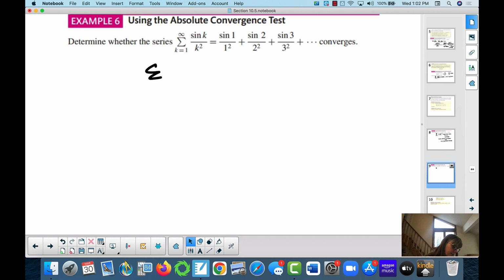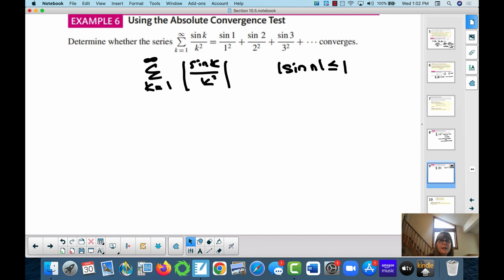But if we look at the absolute value of it, we know that the absolute value of sine of n has to be less than or equal to 1. We know that about sine. If we take the sine of any number, we know we're always going to get a number that's between -1 and 1, or equal to -1 and 1.